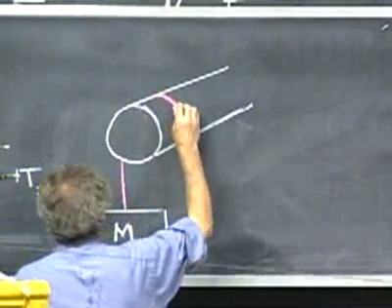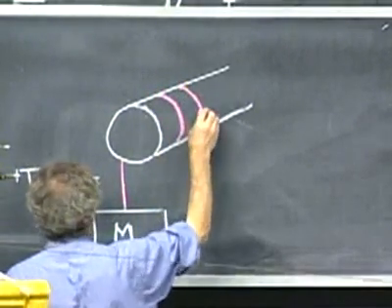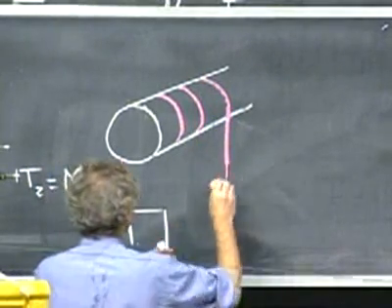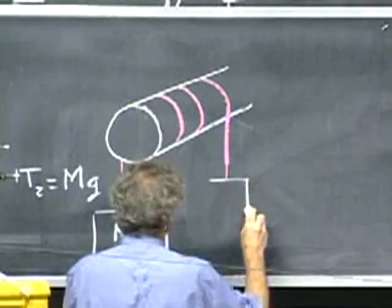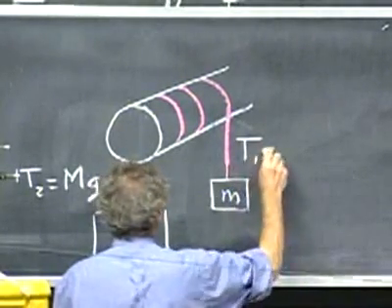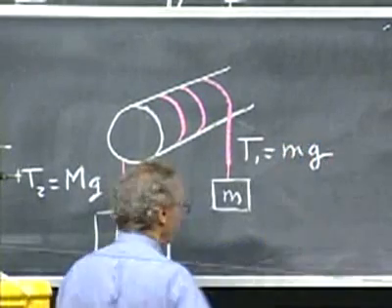I wrap this rope around here several times. And here I hang an object which is substantially less in mass, which is m, little m, and the tension equals mg.